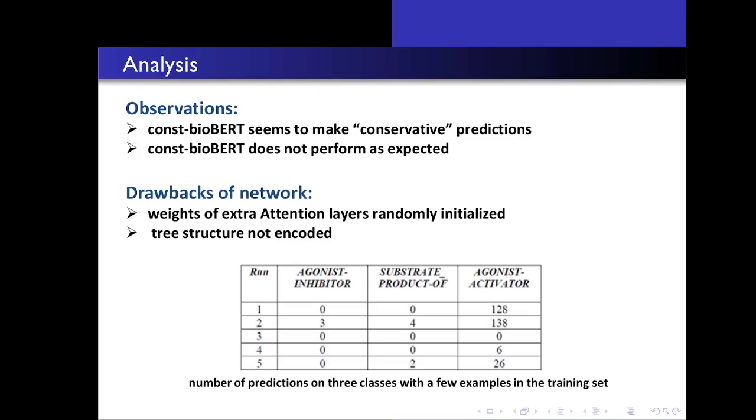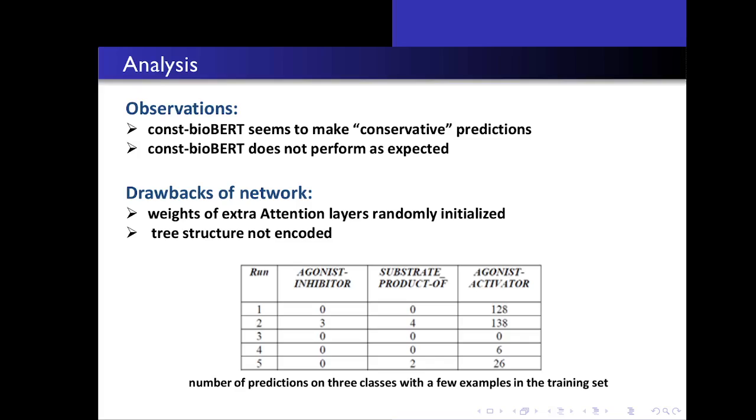Besides, we investigate the performance of our methods on these 3 classes with few training examples. We found that our 5 ensembles obtain 0 or close to 0 score on these classes, but for different reasons.